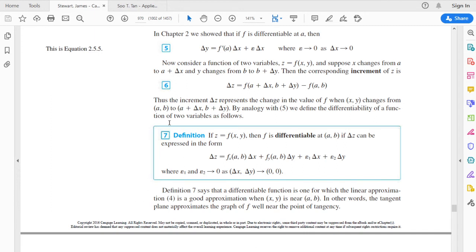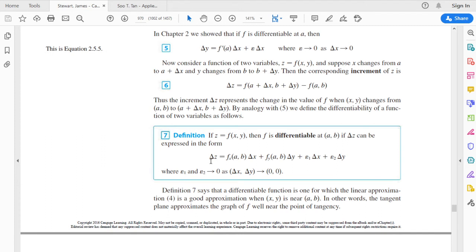All right, so we have a definition right here, definition 7. All right, and it basically describes differentiability and what the differential is going to look like. All right, so if z equals f of x y, so we have our surface, then f is differentiable at a b if delta z can be expressed in this form right here. All right, so this is the differential, right?